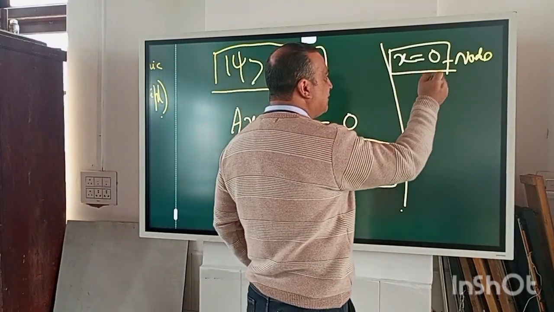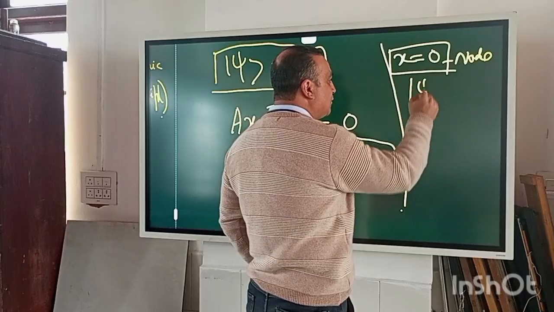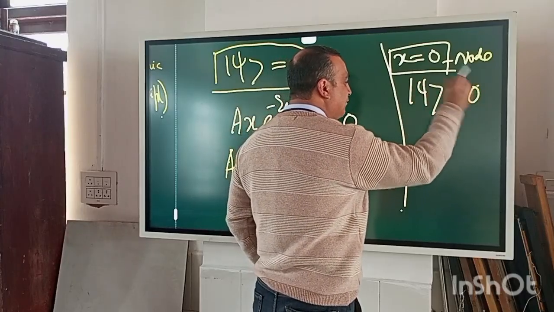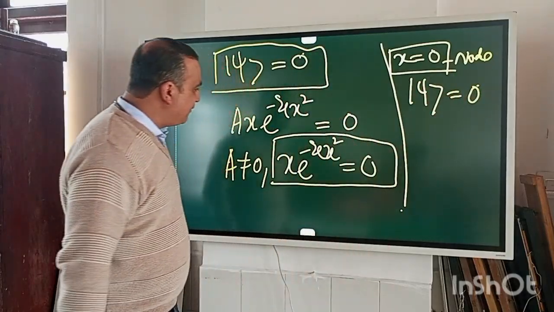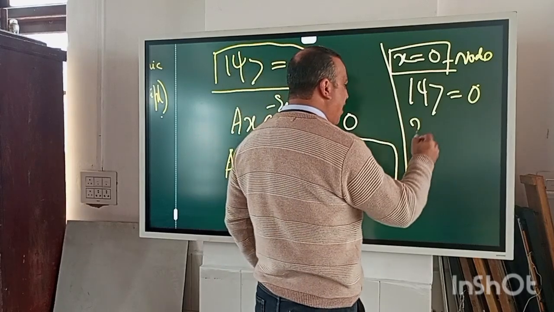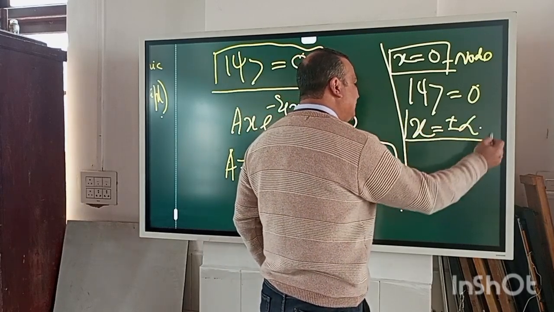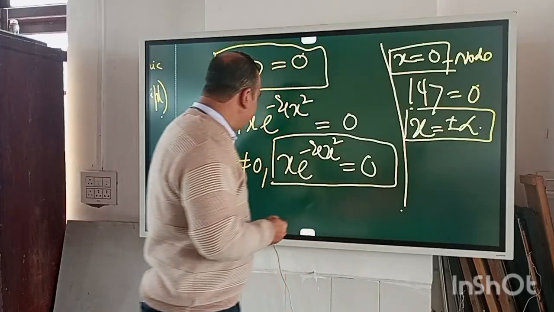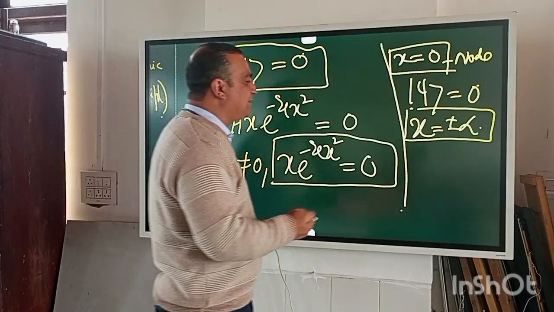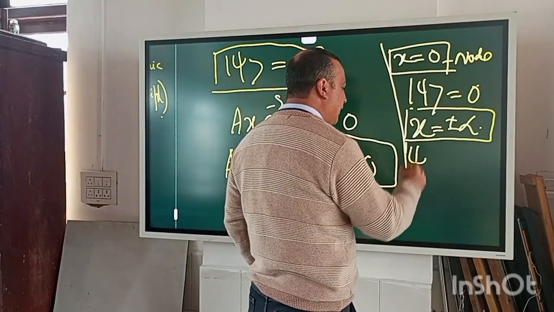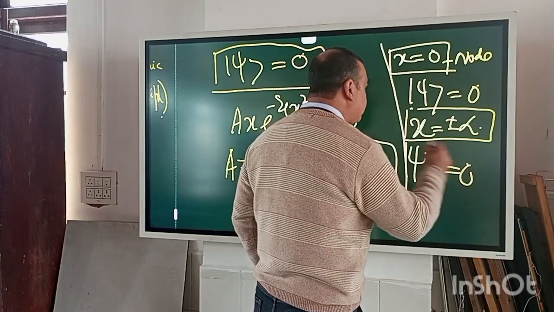At x equal to 0, we will have a node. So the state psi will be equal to 0. And again, we can have both x equal to plus minus infinity. At these two values, again, the value of this state vector is going to be equal to 0.